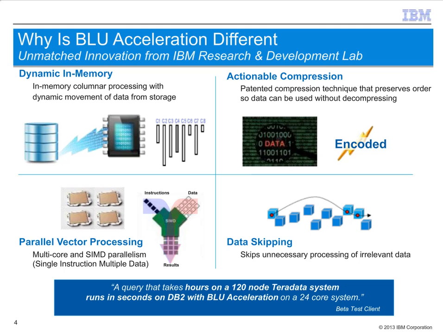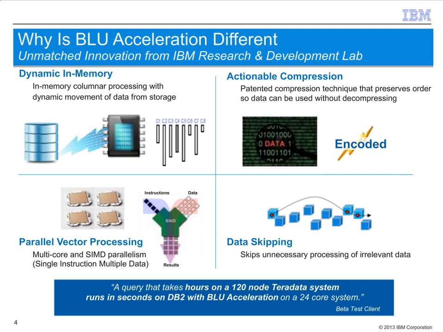So in addition to dynamic in-memory, we have actionable compression, which gives you the ability to compress the data and then use the data while compressed. Bottom left-hand corner, talking about parallel vector processing. Power systems designed for massive parallelism, and now with this technology, DB2 can leverage all of the massive parallelism of power systems to provide even faster throughput.